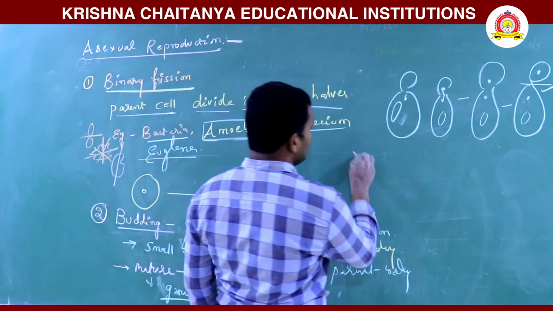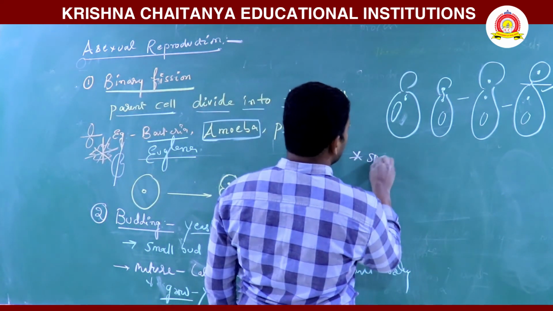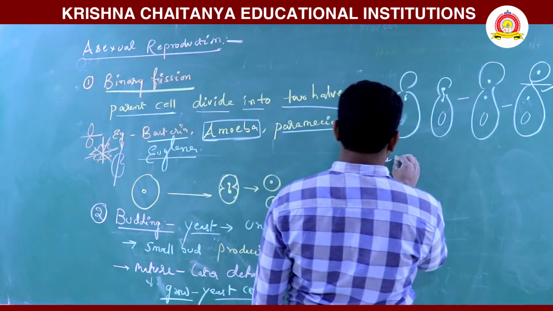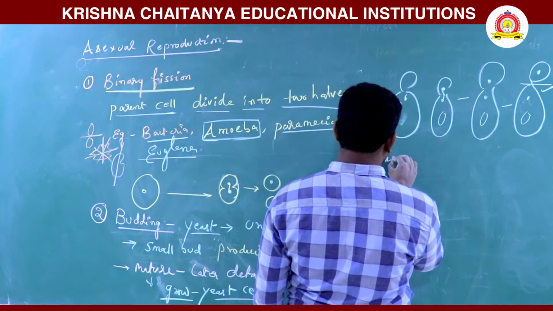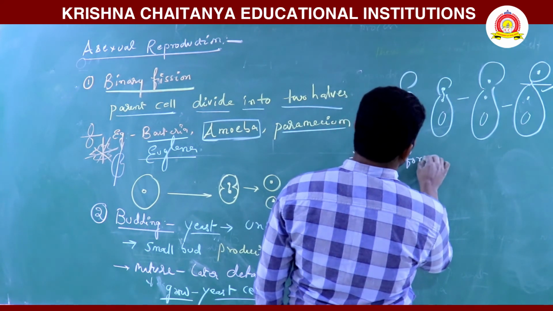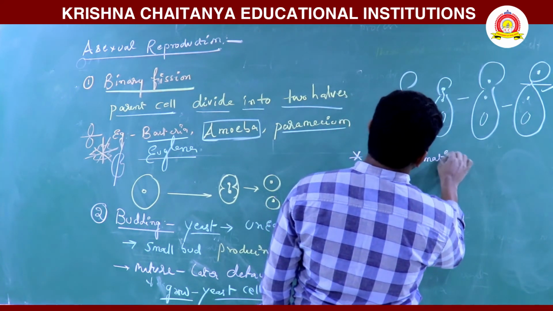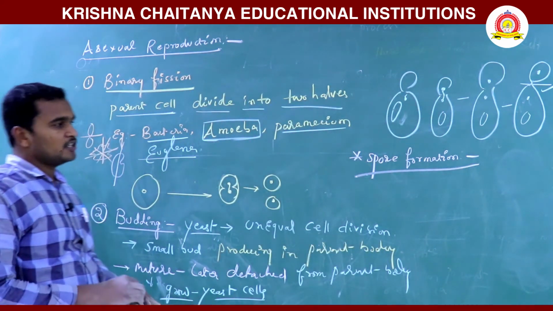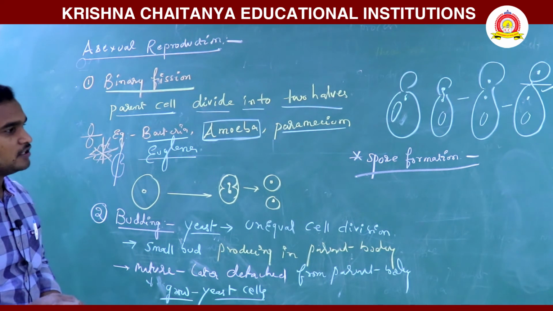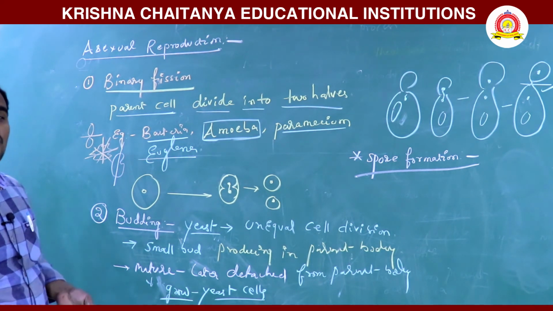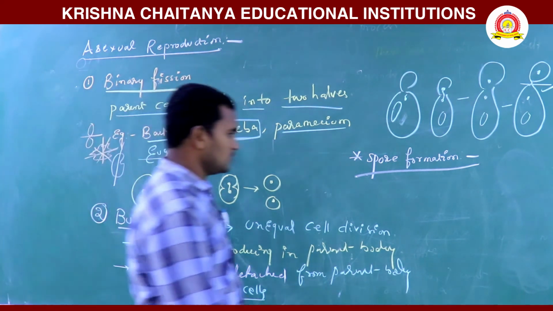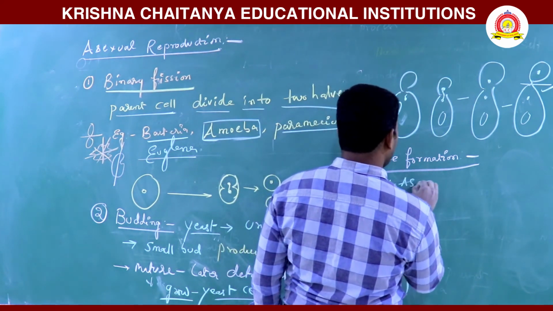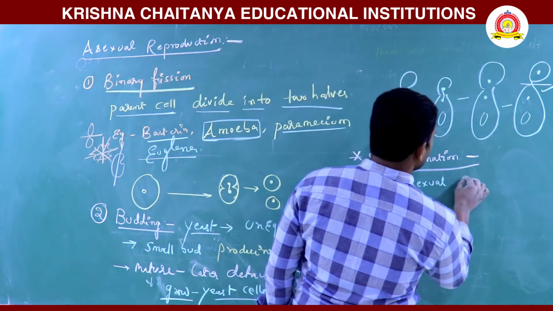Next one is spore formation, or sporulation. Spores are also asexual specialized reproductive structures.